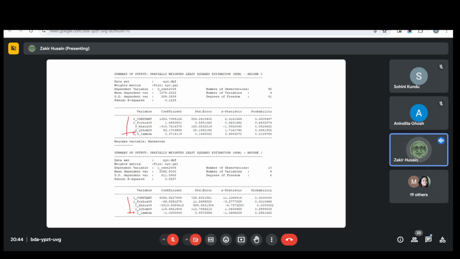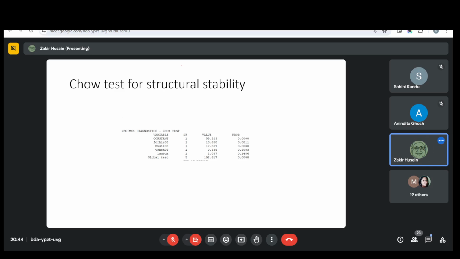So the autoregressive term will not change, but lambda can change over here. And again, we have the Chow test of structural stability. So we do have regimes. But when we come to coefficients, we can see that here home and lambda, the slope actually doesn't change significantly.